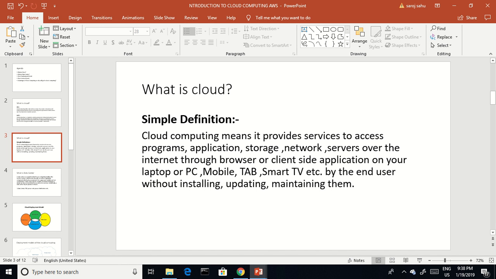While accessing any services, we are not managing all those things. Someone is managing them somewhere, we don't know. But we have to approach a particular vendor.